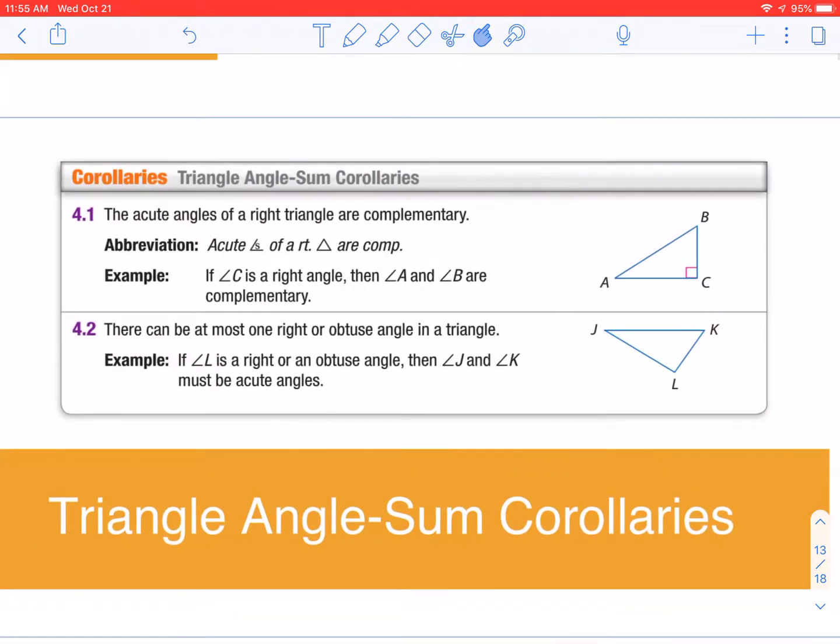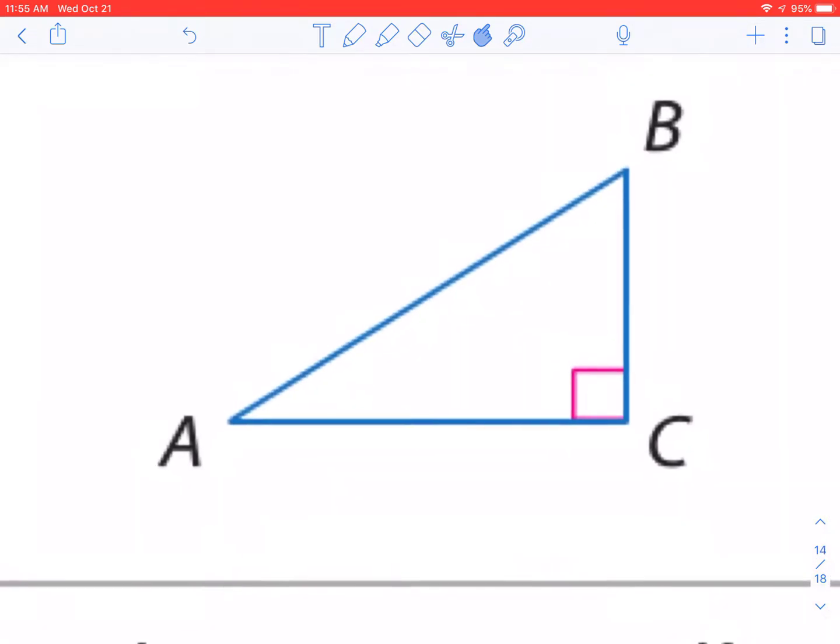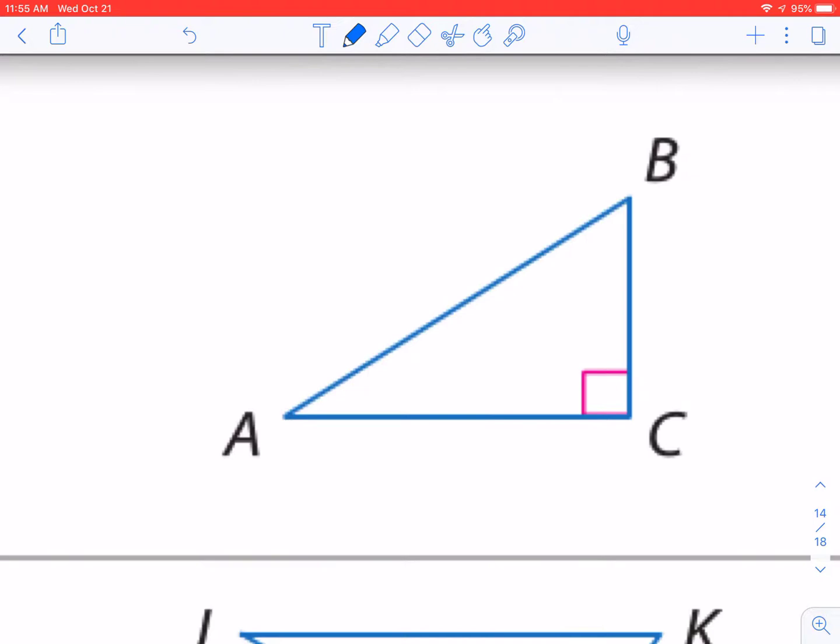Okay. Two more things here is that in a right triangle, the two acute angles are complementary. So we're going to zoom in here. This is always 90 in a right triangle, obviously.